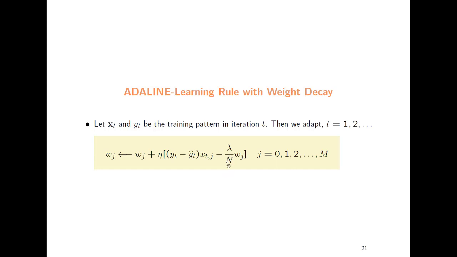The dividing by n is there so that we get exactly the same solution, but it also indicates that if you do this online learning, this parameter should be very small. It's typically very small because you would apply it at every data point.